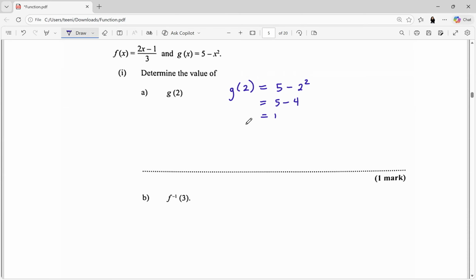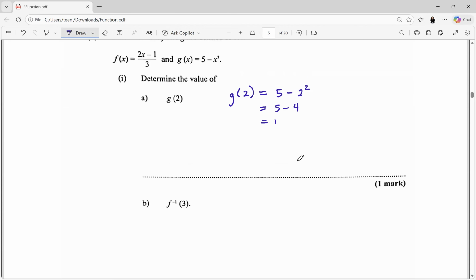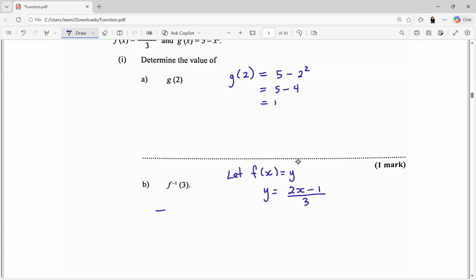F inverse of 3, you would need to find f inverse first. So for f inverse, let f of x equal y. So that would be y is equal to 2x minus 1 over 3. Now you interchange x and y.